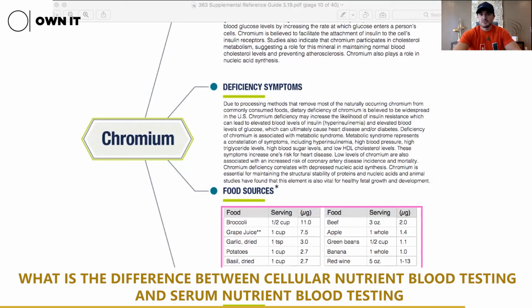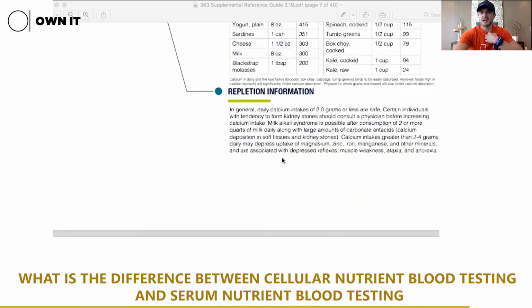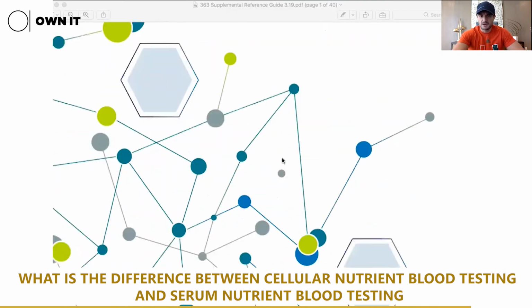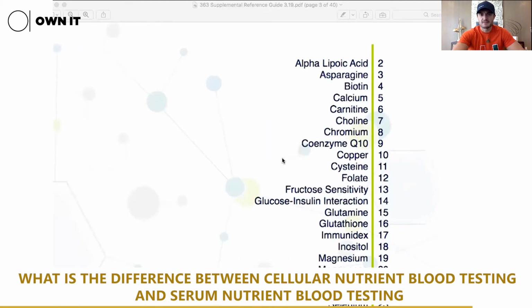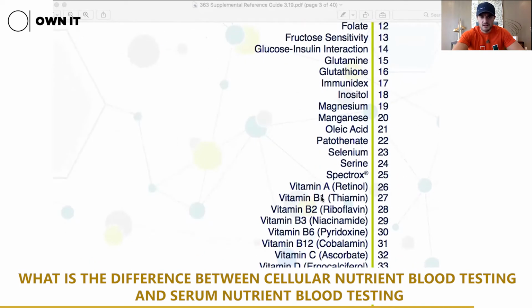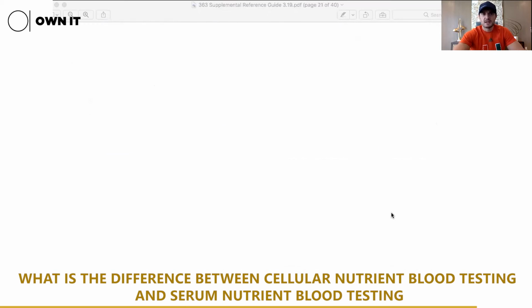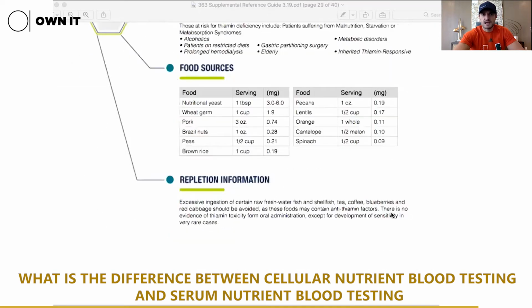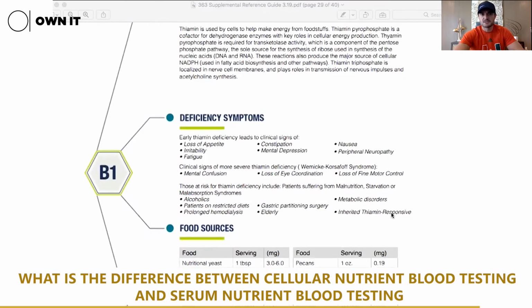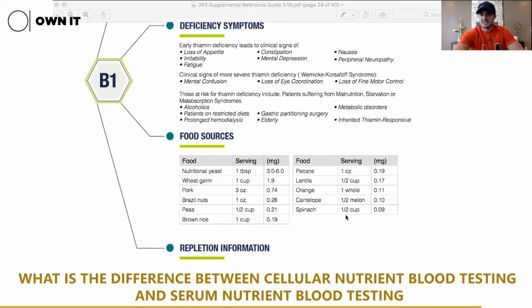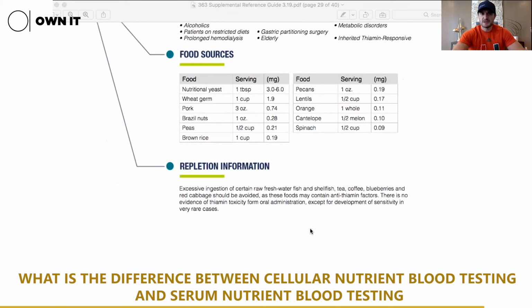Now, the other thing that we knew is I had vitamin B issues. And those are just very baseline right now. But if I come up here and take a look, let's go to page 28. If I go to page 28 and start to take a look at these same types of foods, this is what I'm supplementing: pecans, lentils, oranges, cantaloupe, spinach for B1.